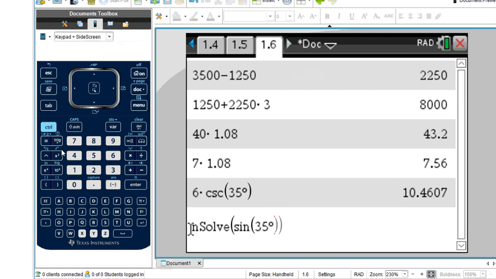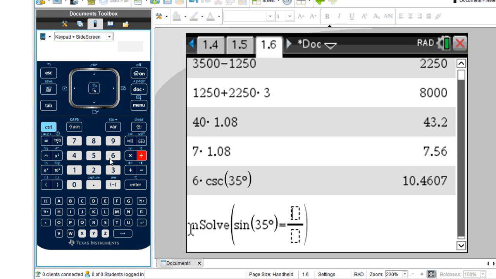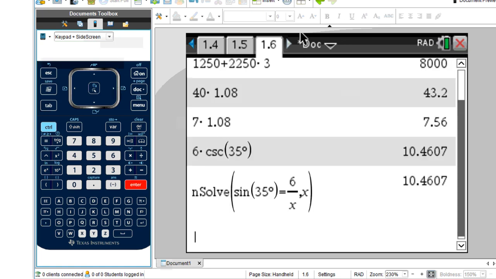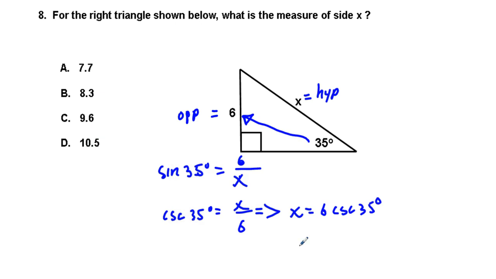If you're already in degrees, you don't have to do this. And that's going to be equal to 6 over x. And we go here, comma x, same thing. So 10.46, and that's approximately equal to 10.5. And so that's choice D.